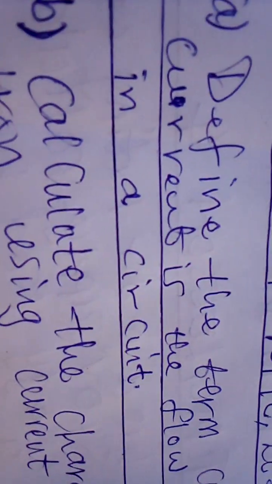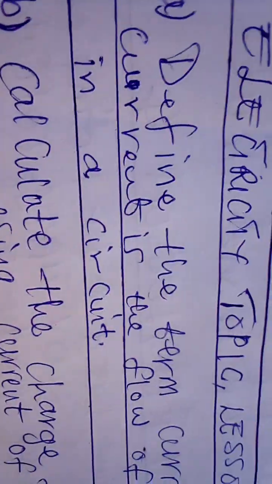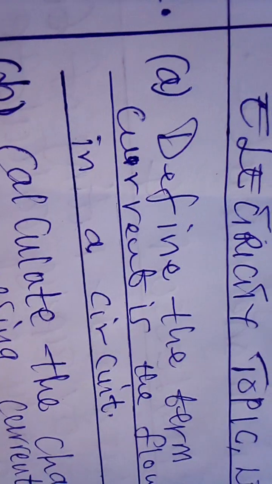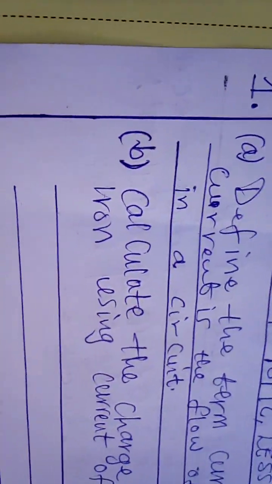Okay, this is how we define it. So current is the flow of charge or electrons in a circuit. This charge carries energy. Okay, go on to the second question now.